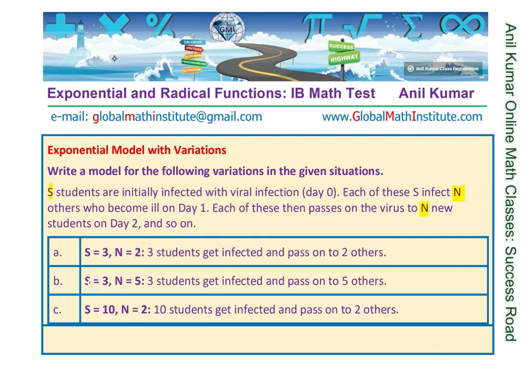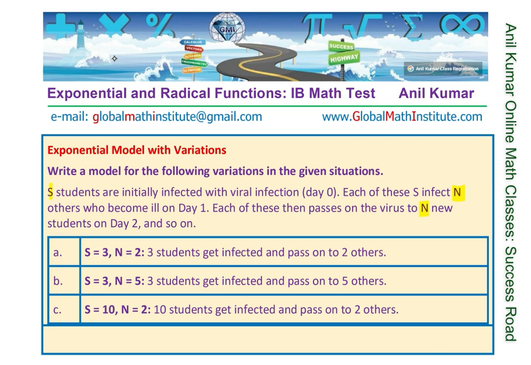Now we'll take a variation: what happens if the number of new infections is not 2 but 5? Or if we start with not 3 but 10 infected students who are going to infect 2 others. You understand the question now.